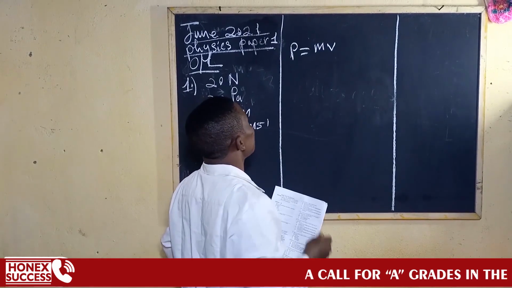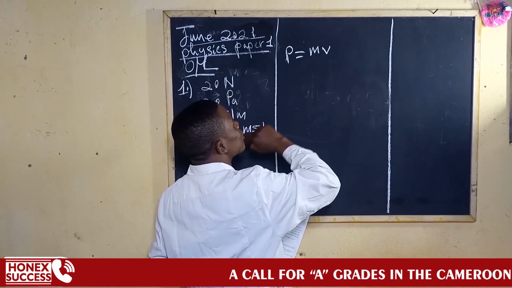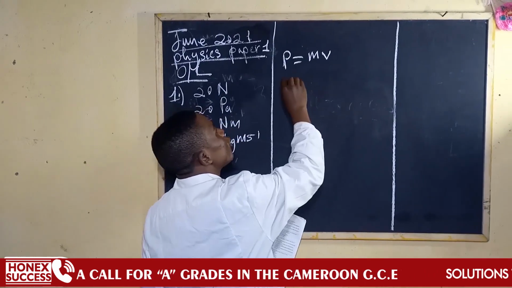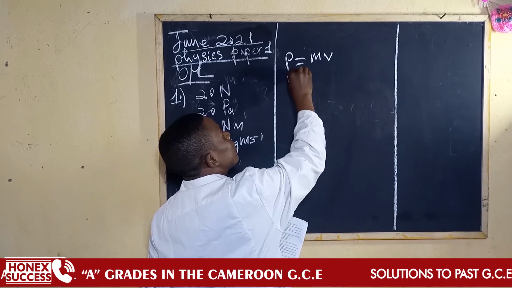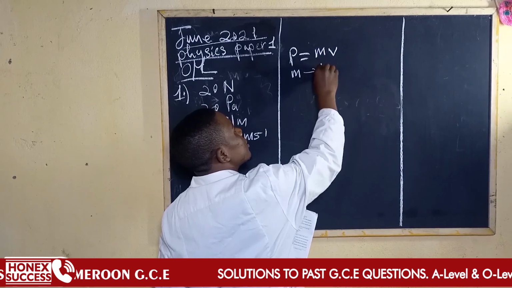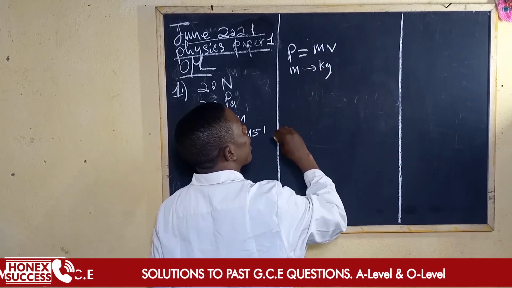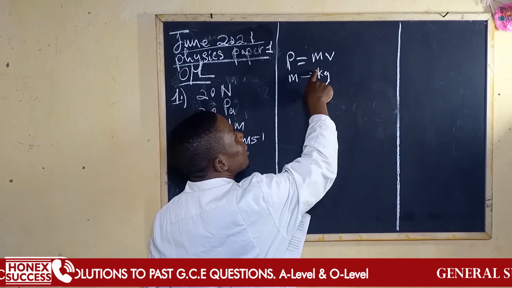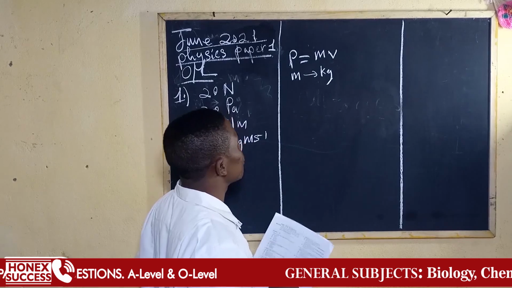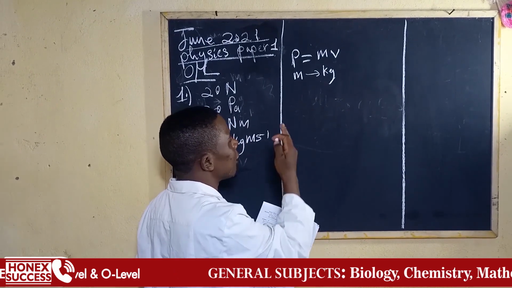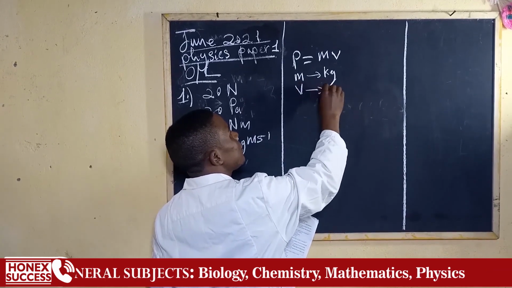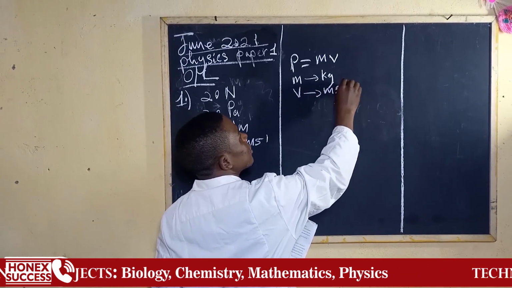Meaning that the unit of measurement of mass from your lesson taught in class is kilograms. And now the next thing you have to ask yourself is the unit of measurement of velocity. You remember, still in linear motion, velocity is measured in meters per second.